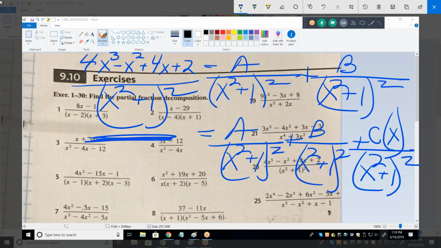The only solution is x equals plus or minus i, so it's all imaginary. That is called a non-reducible repeated quadratic. That's when you have to bring in the Cx in the numerator.